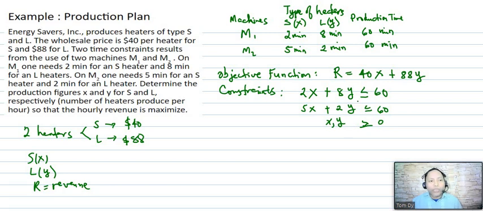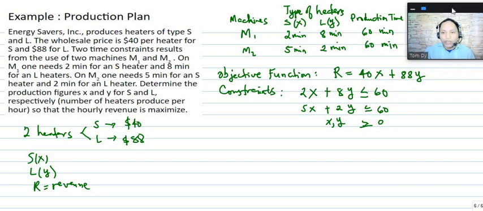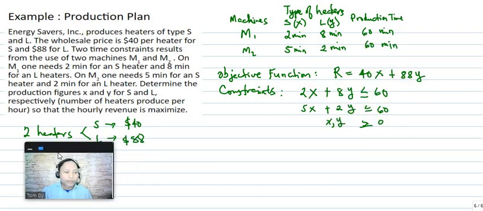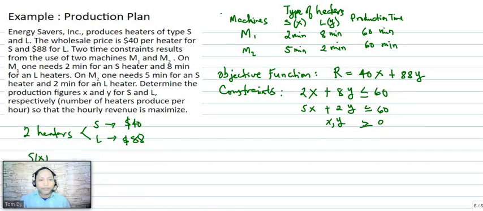This time, we will compute this using the graphical method. Allow me first to transfer this one here. When we graph an equation, we make use of these two equations from this problem.